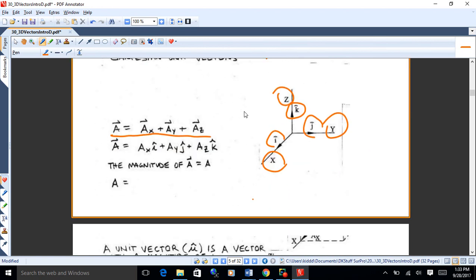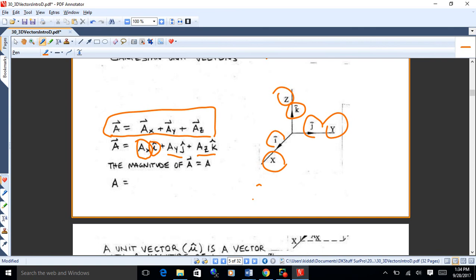Now I can express that differently though. It's not a real huge change here, but it's something you want to notice. Notice the vector marks are over A_x, A_y, and A_z. I can also break those things up into a magnitude, which would be A sub x, and a unit vector, which would be i, A sub y j, and A sub z k. I could do it that way. Not a big deal, but just a little bit different in notation.